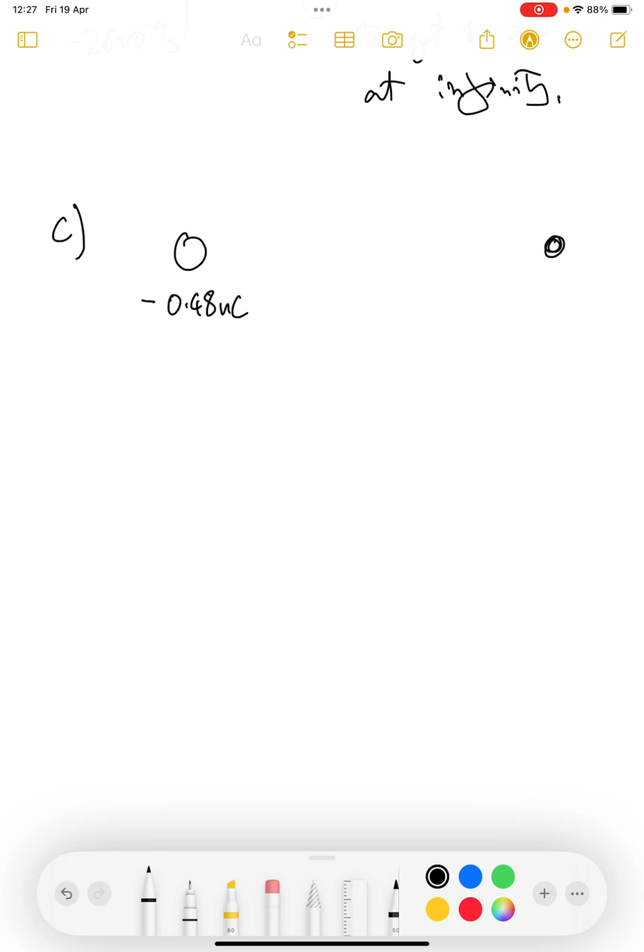We start it over here at 1.5 meters, and we're trying to take it to 0.5 meters. So that means I'm going to have to take my minus 1.3 nanocoulombs. And this is a repulsive force because they're the same size, so there's going to be a force acting in that direction.